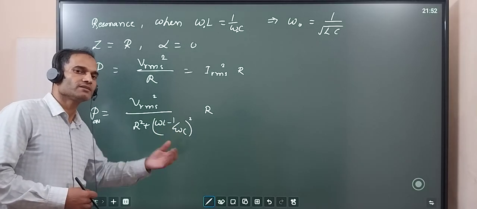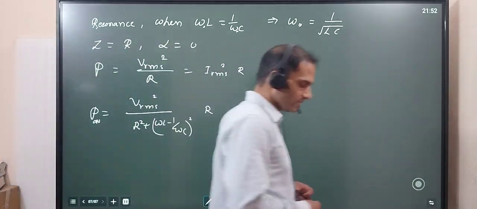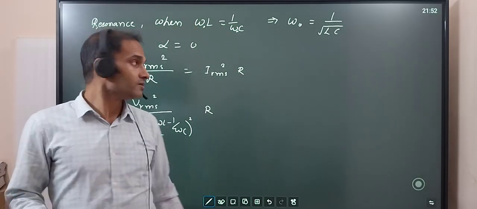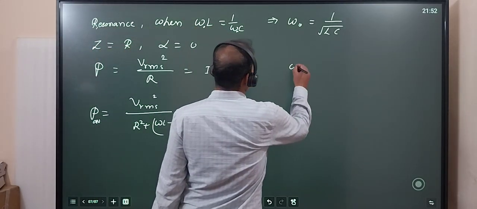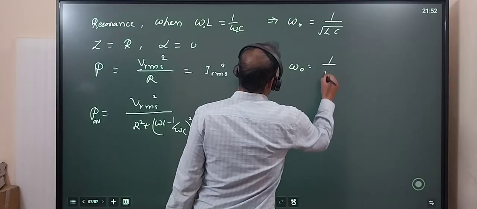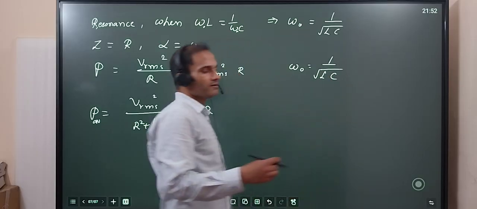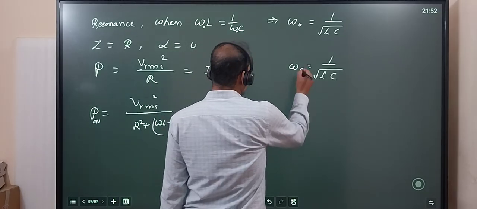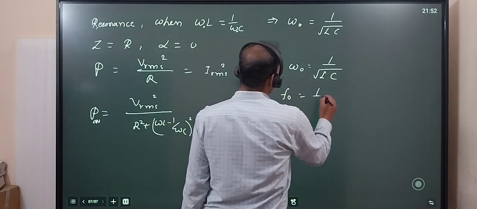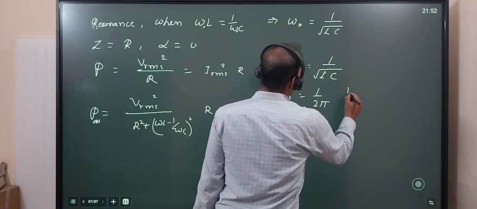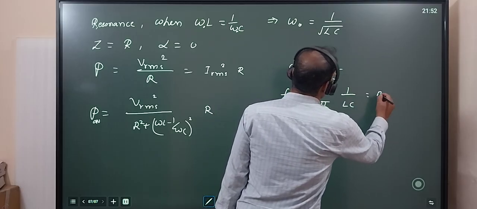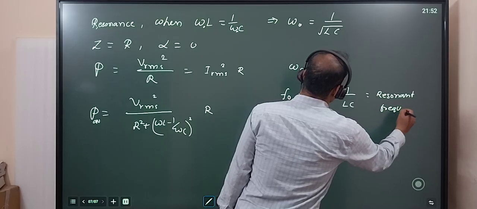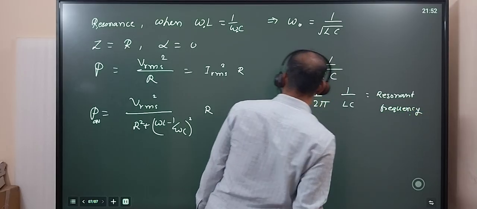Power dissipation is maximum. So we have one angular frequency, and this is called resonant frequency.